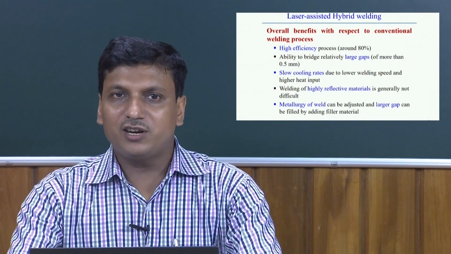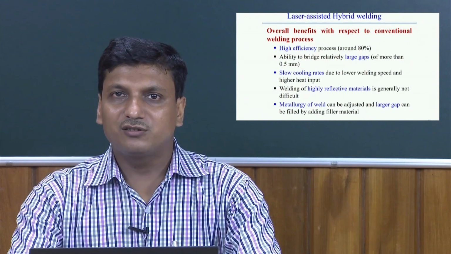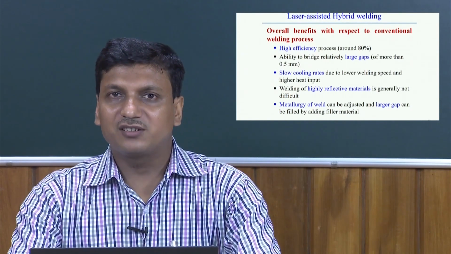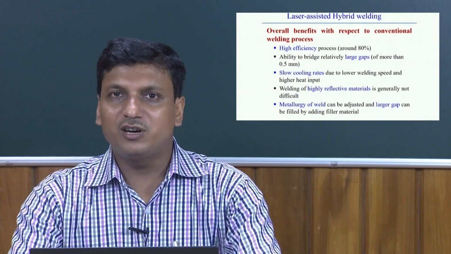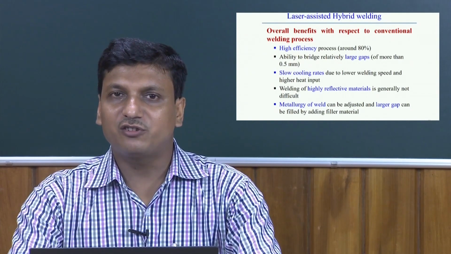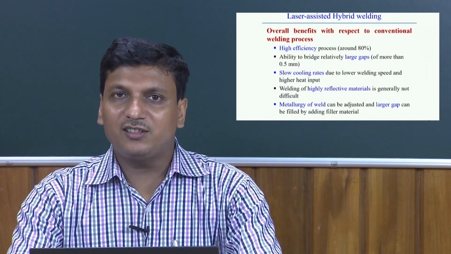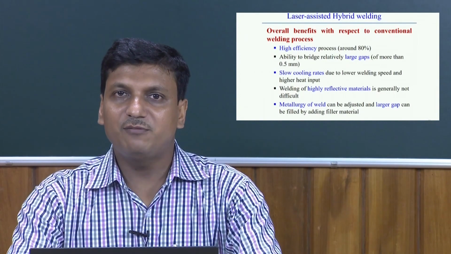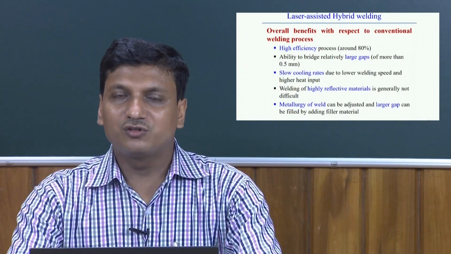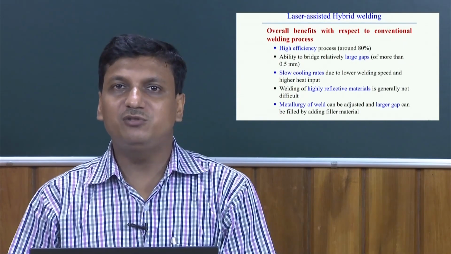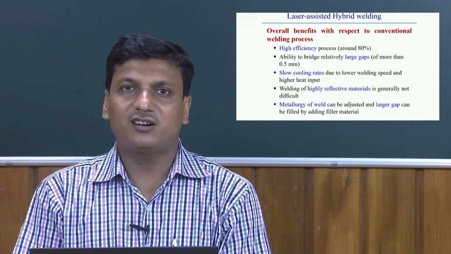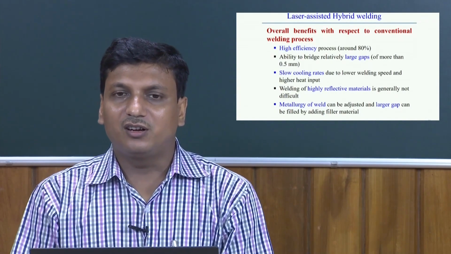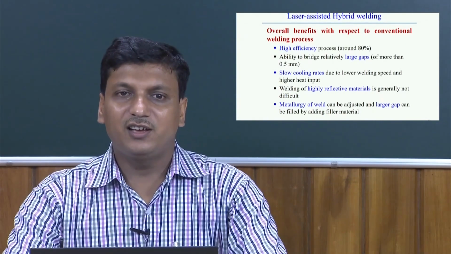That slow cooling rate helps us, and a structurally stable weld joint can be produced. Then another advantage of the hybrid laser welding process is for highly reflective material. When you use the individual processes, either laser or arc welding, it is very difficult to join highly reflective material like aluminum.